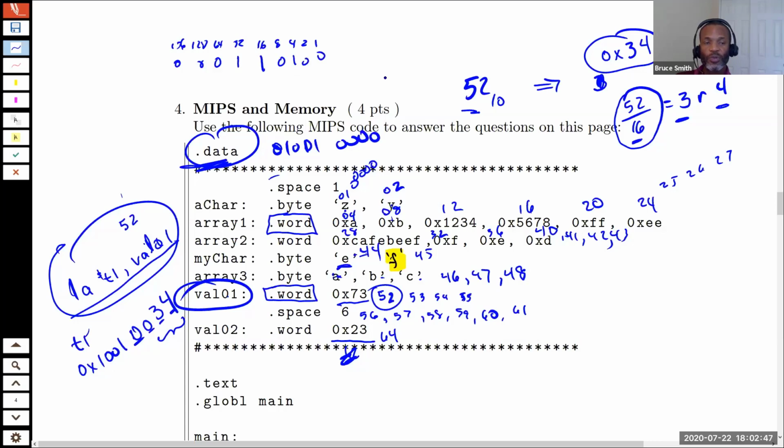So another way of doing your conversion is to take your 52, convert it to binary, and then what you'll see is that as a hex, 3 and 4, you can do a conversion that way as well. But I think it's far easier just to look at how many multiples of 16 go into the first digit, and then use the remainder to get the second digit.